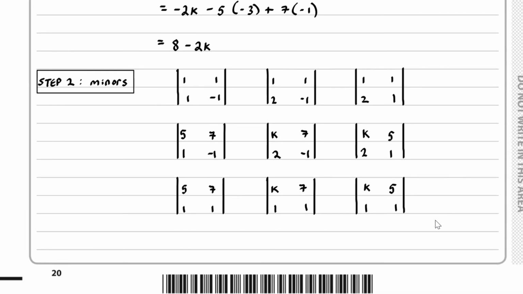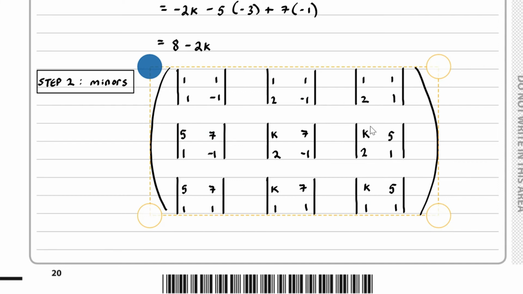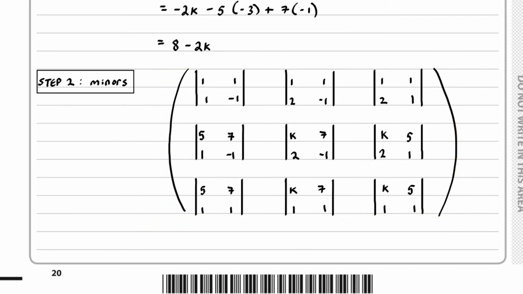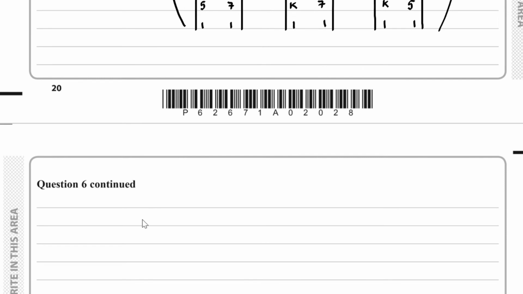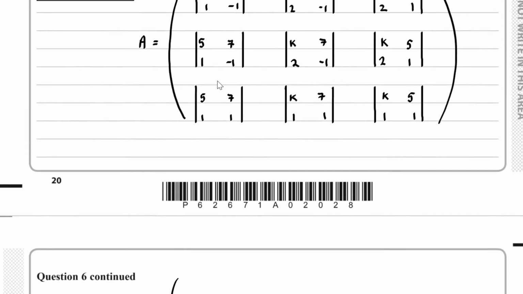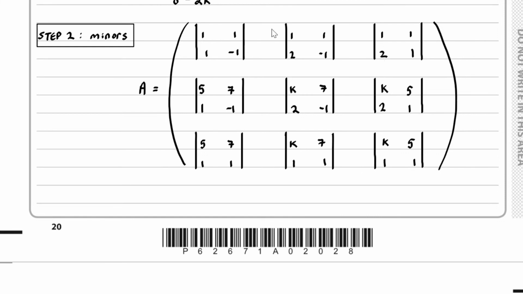So let's just add a curly bracket around this, like so. Okay, and let's just move this slightly to the right. So here, this is the matrix of the minors A. So now we need to tidy all of this up. So if we do that, you can see here, A is equal to, well, for the one over here, we've got minus 1 minus 1, that's minus 2.